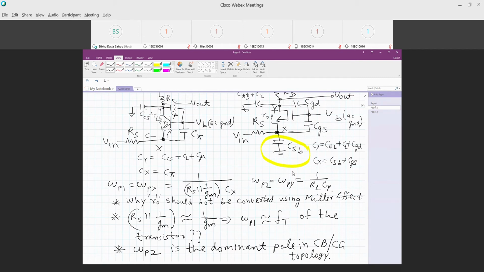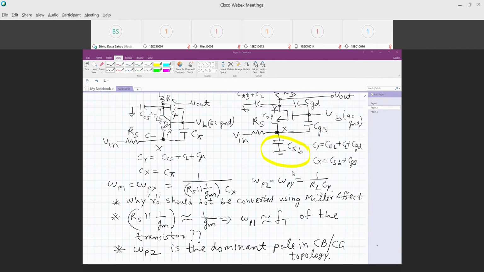Okay. Now, how does omega P1 being Ft imply omega P2 being a dominant pole? Now, if you look at it, omega P1 is roughly equal to Ft. Ft is the highest frequency that the transistor can operate at. That means there cannot be any frequency above that at which the transistor can give you any meaningful information.